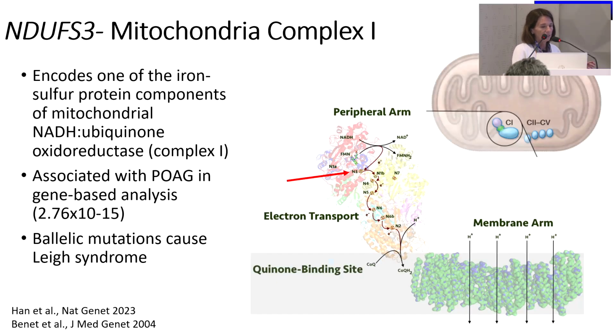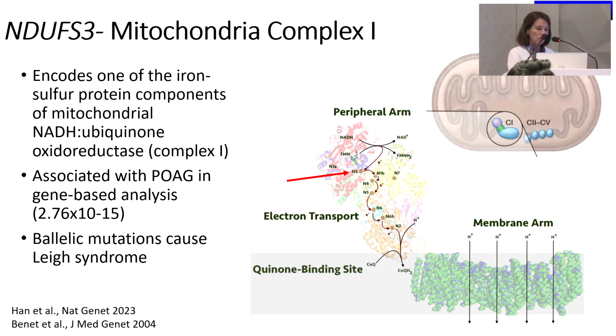So the first is NDUFS3, which is an important protein that forms part of the complex. This is a nuclear encoded gene that is then transported to the mitochondria to function.